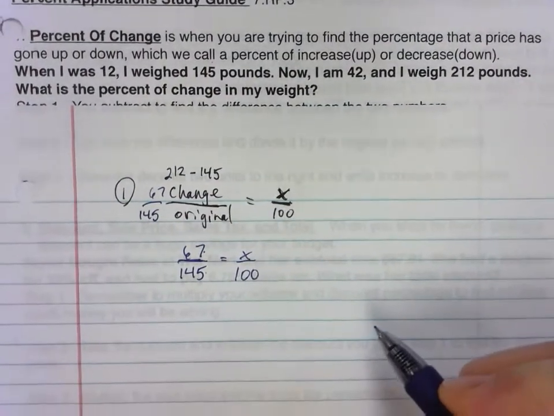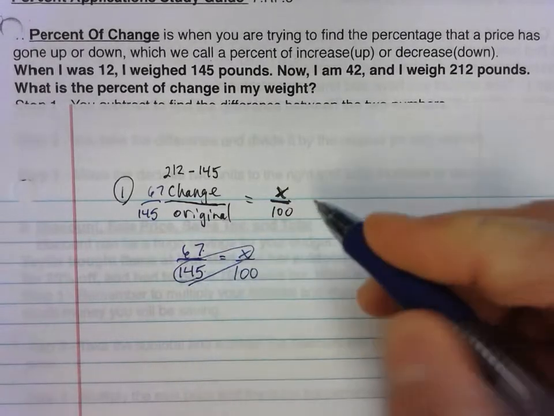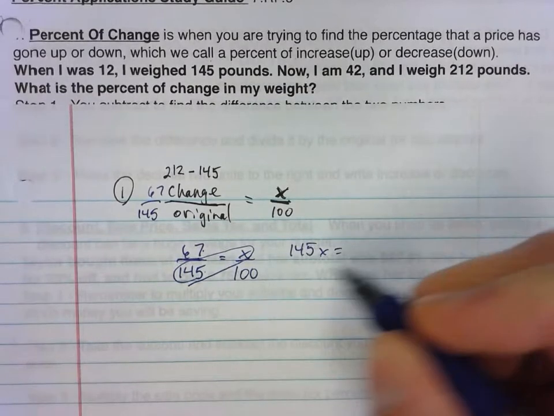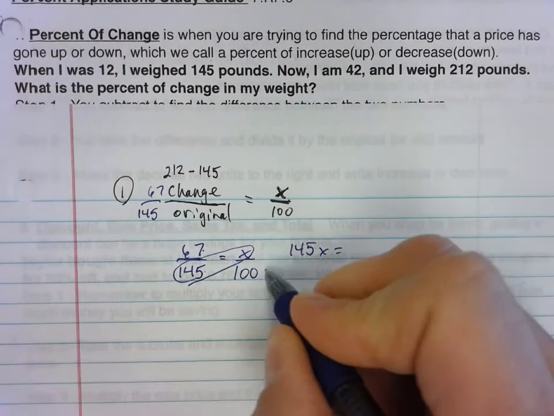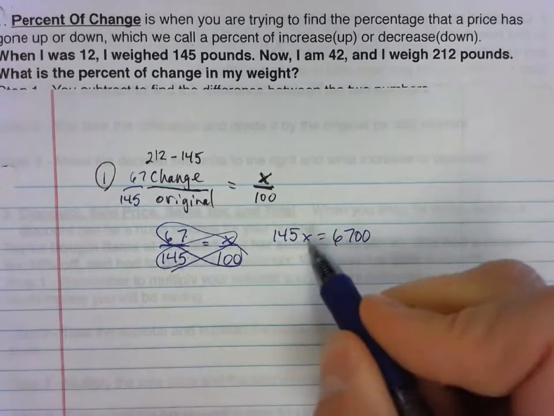Okay. Then from there we would cross multiply. 145 times x is 145x. A one-step equation. To solve that little one-step equation, the inverse of multiply is divide.